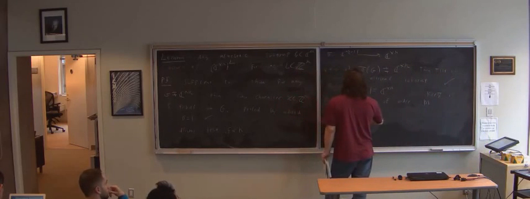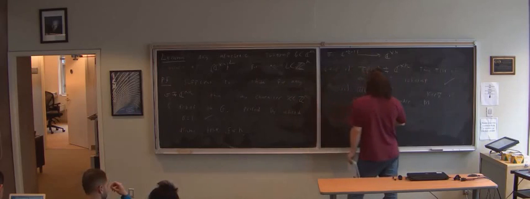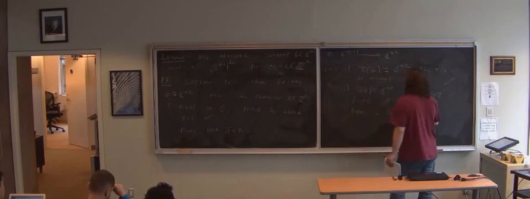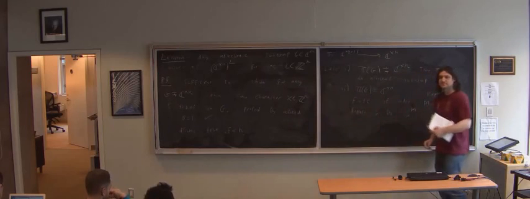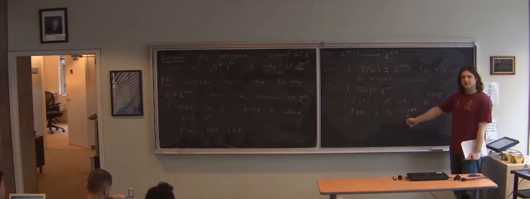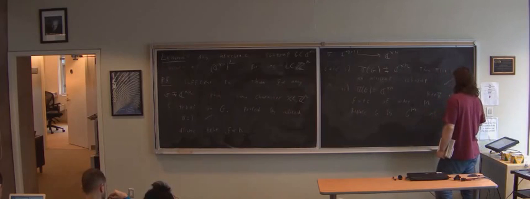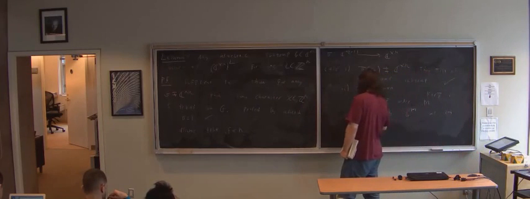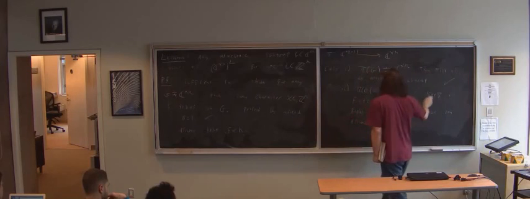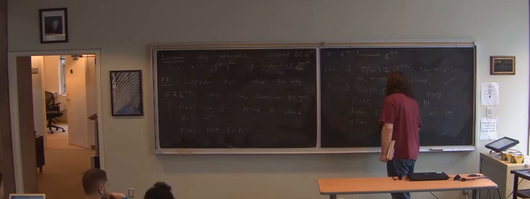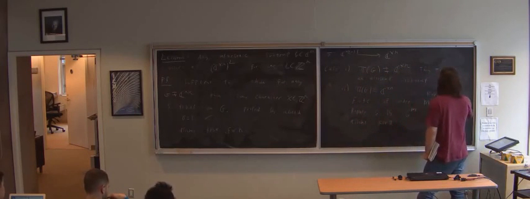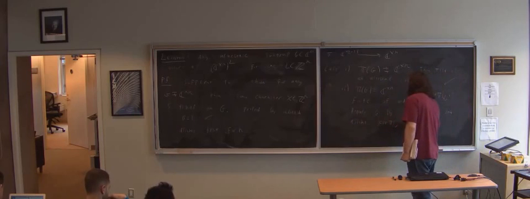Now, if we replace G by the group G to the m, so instead of G, all mth powers in G, we can assume that the kernel of pi restricted to G is trivial.